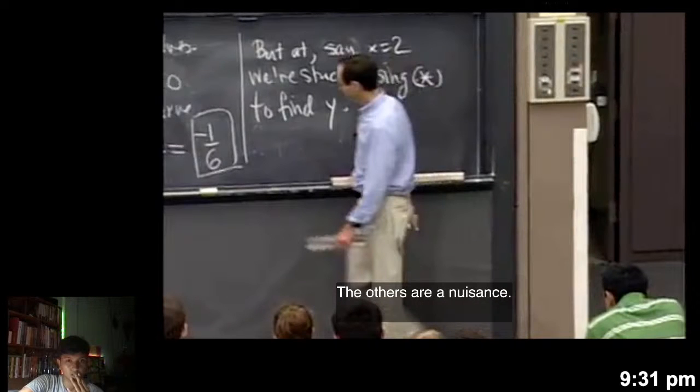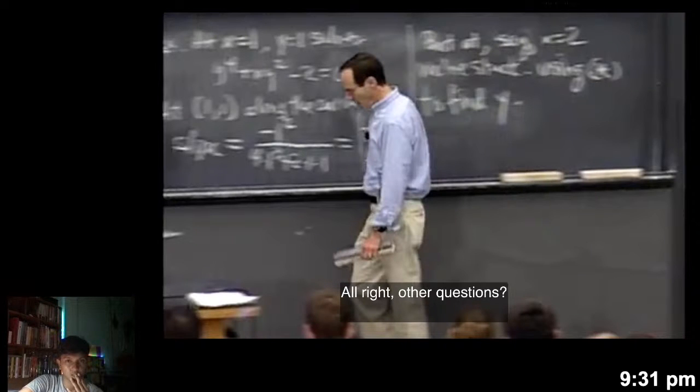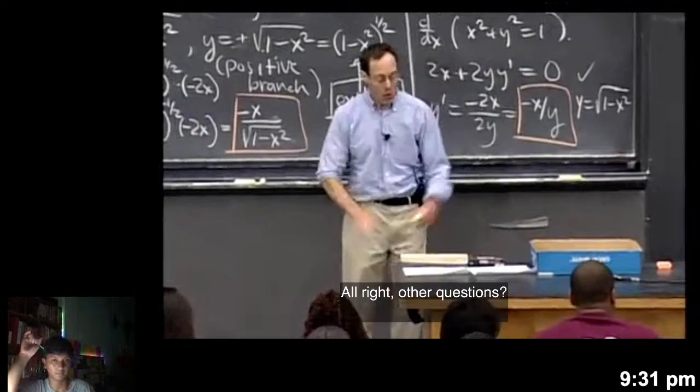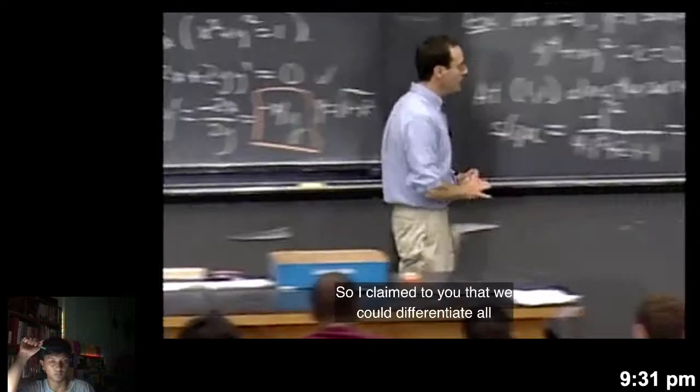All right. Other questions? Okay, now we have to do something more here. So I claimed to you that we could differentiate all the functions we know, but really we can learn a tremendous amount about some functions which are really hard to get at.